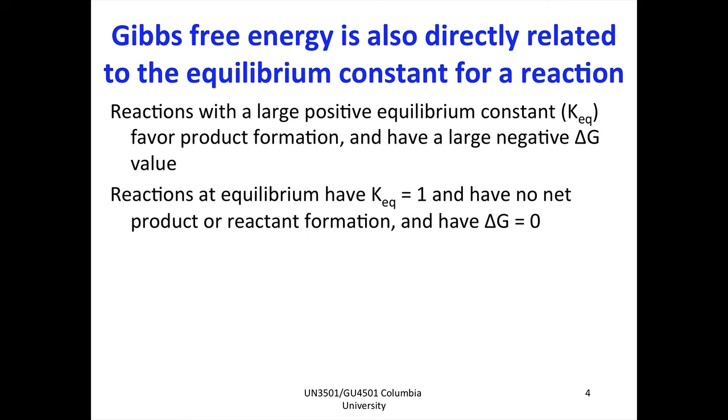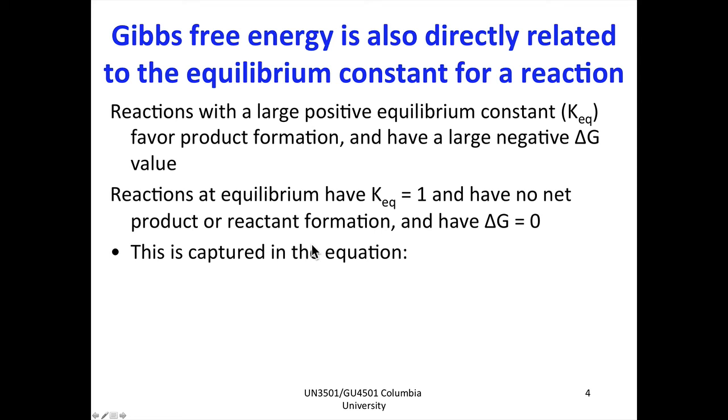Equilibrium constant is 1. Well, we just discussed delta G, and in this case delta G would not be positive or negative, it would actually be 0, because there's no driving force for the reaction to either generate products or starting materials. So when the equilibrium constant is 1, the delta G value is going to be 0.